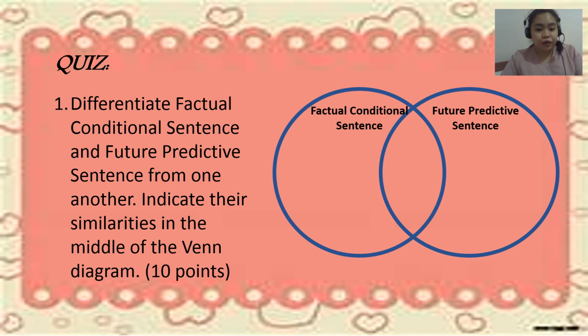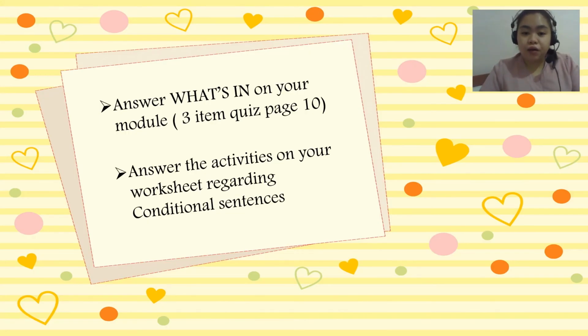This activity is equivalent to 10 points. And you're going to have other supplementary activities. You're going to answer what's in on your module, which is located on page number 10, and answer the remaining activities on your worksheet regarding conditional sentences.